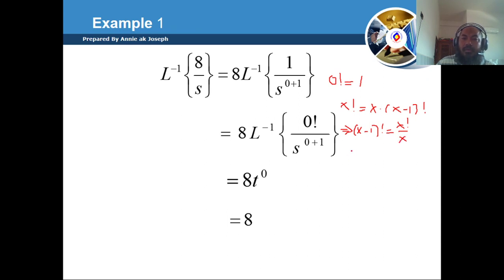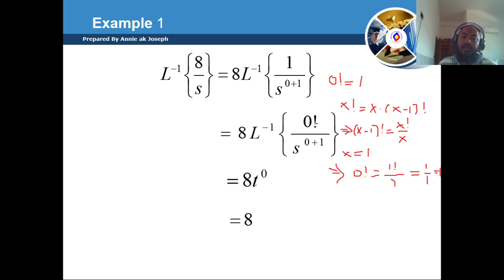Let's say x is equal to 1. You can test by yourself. With x equal to 1, we have 0 factorial equal to 1 factorial divided by 1. 1 factorial is equal to 1, so 1 divided by 1 is equal to 1, right? So that's why 0 factorial is equal to 1.